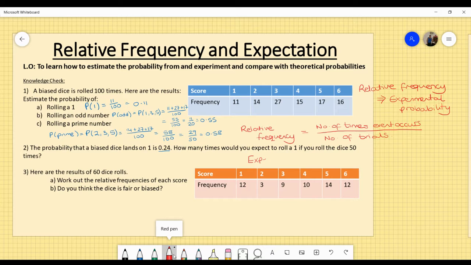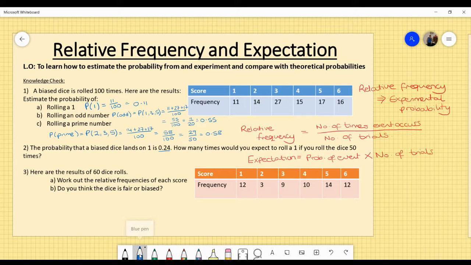Again, can you pop this one in your blue books? So expectation is the probability of the event, in this case rolling a 1, multiplied by the number of trials, so in this case the 50 rolls that we're going to be rolling that dice.